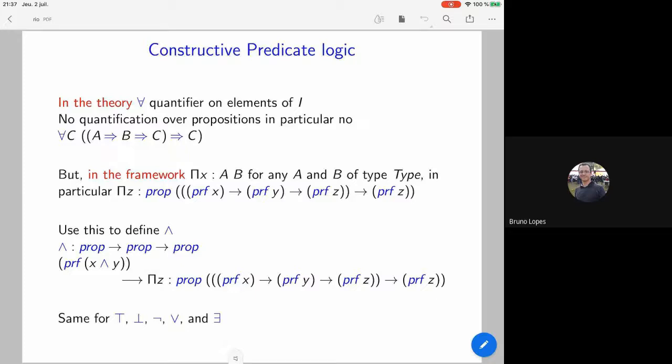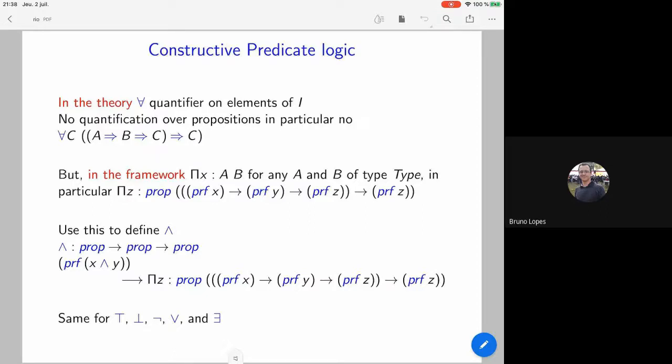And in particular, you can build this type, which is in the middle of the slide. So it's pi z of type prop, proof of x implies, arrow, proof of y, arrow, proof of z, arrow, proof of z. And this type, a priori, is not in the image of the proof morphism. It's not the type of the proofs of some proposition.